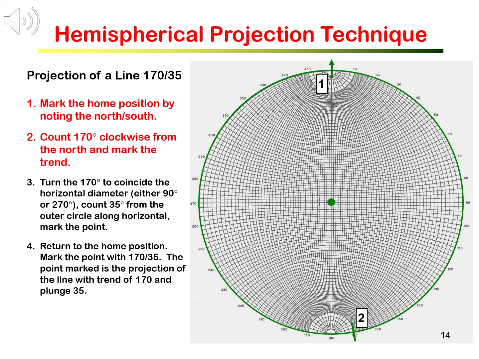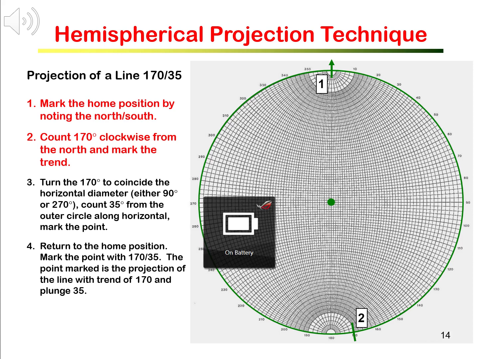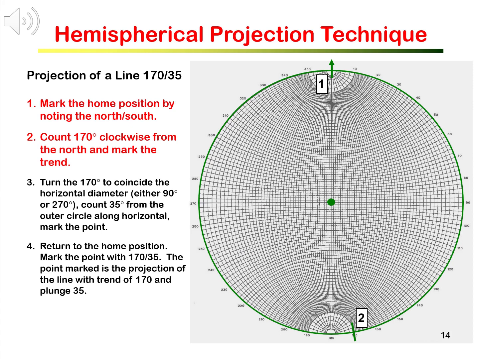Therefore, on the projection, we count 170 degrees clockwise from the north and mark a clear mark on the tracing paper on the circumference. This is the direction of the line pointing to 170 degrees. Now we have got the trend located.